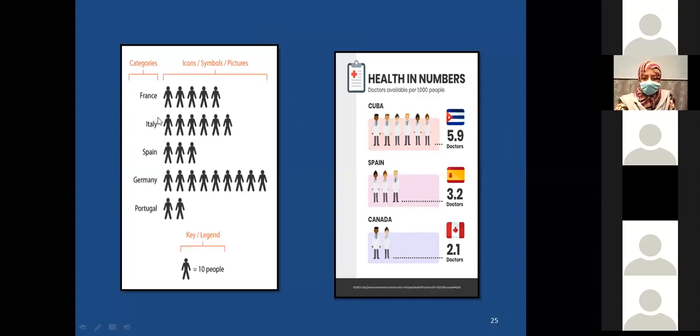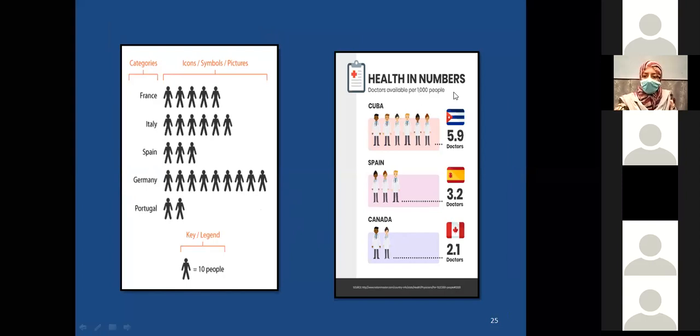For example, this is the key legend. This shows that this one person is equal to 10 people. So for example, for France you have these icons or symbols, and for Germany you have this number of people. So these are different categories given to the same pictogram.